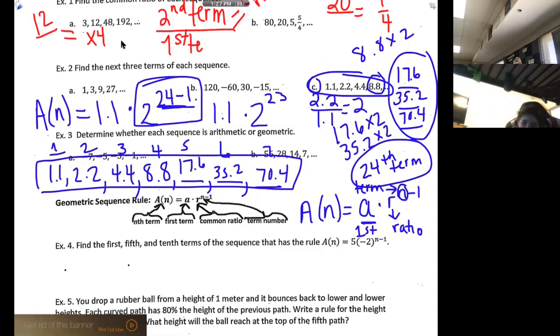So 2 to the 23rd power, I'm going to do that on my calculator. All right, you do it. I'll see if you're right, or you can see if I'm right. It's 2 to the 23rd power. And I'm getting a really large number. Me also. 8,388,608. Right, but that's before I multiply it by 1.1.